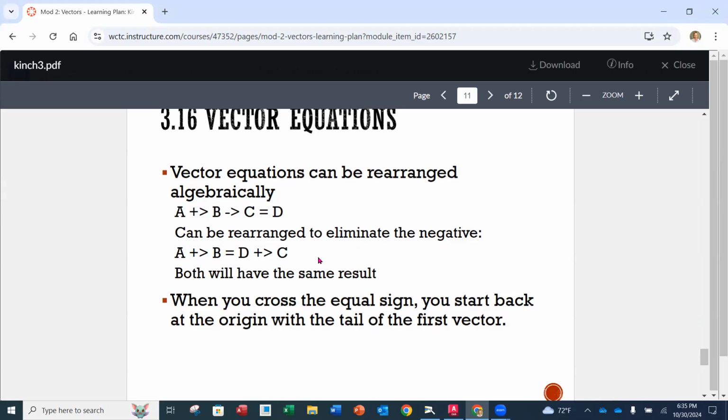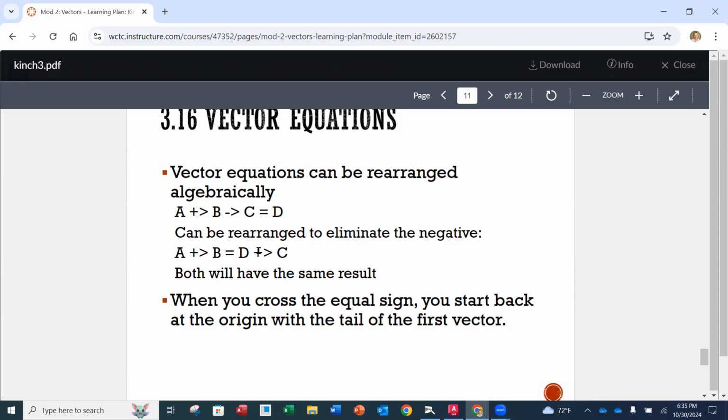So in this case, because our C is a minus on the left-hand side of the equation, ideally we want to try to work with all positive values. So we would move C to the other side, and we would simply then have A plus B, and then we would have our equal sign, which would be our origin in vector addition land.